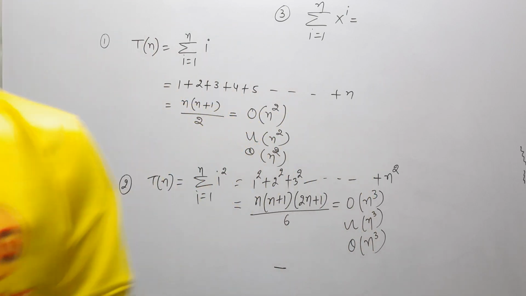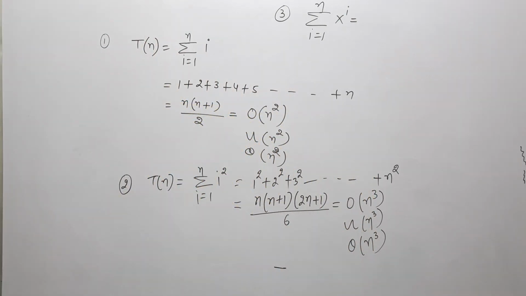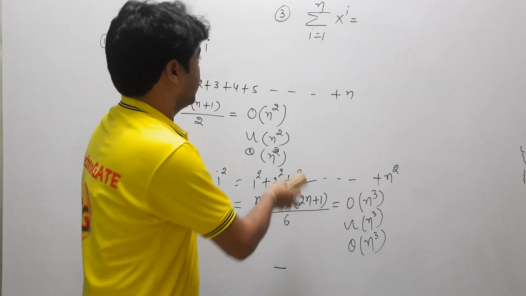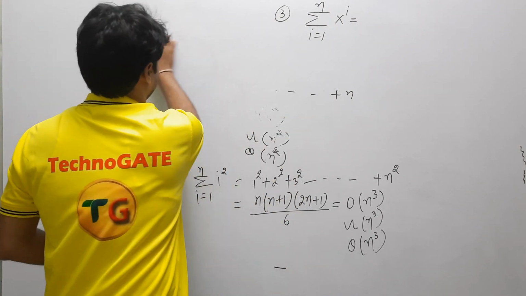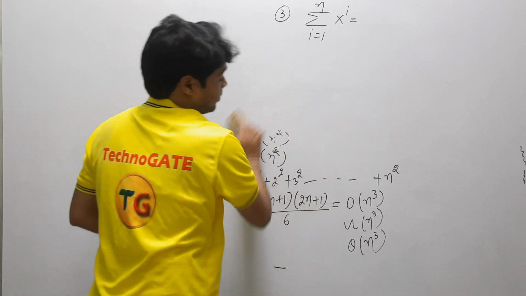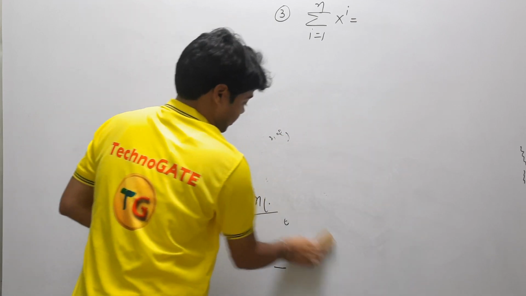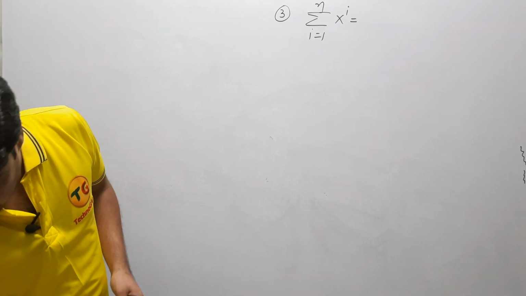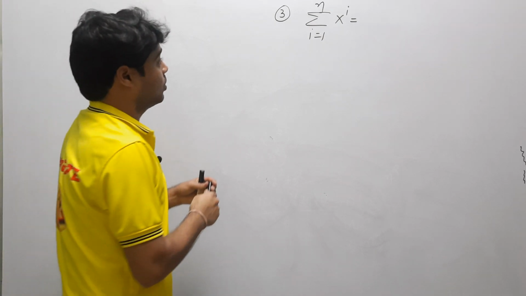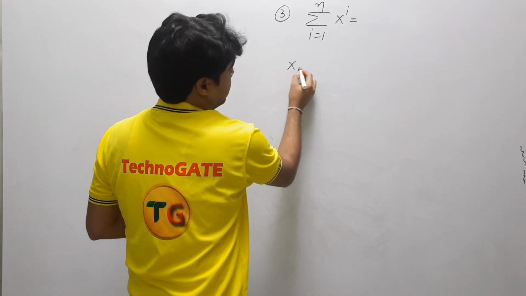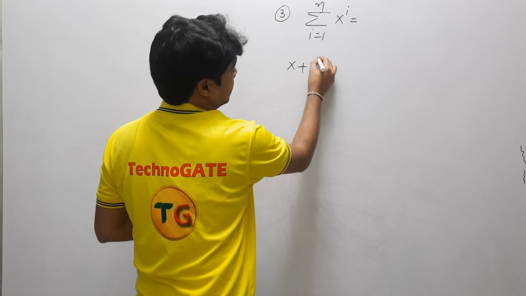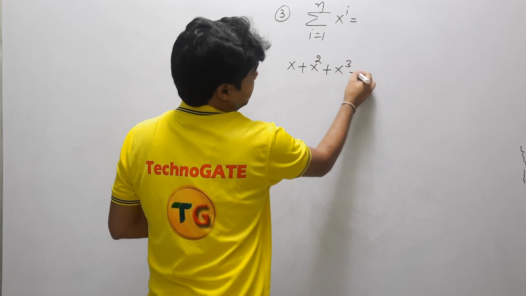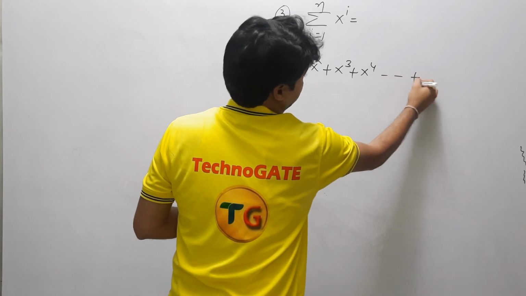Okay, let's see. x plus x square plus x cube plus x4 up to x raised to power n.